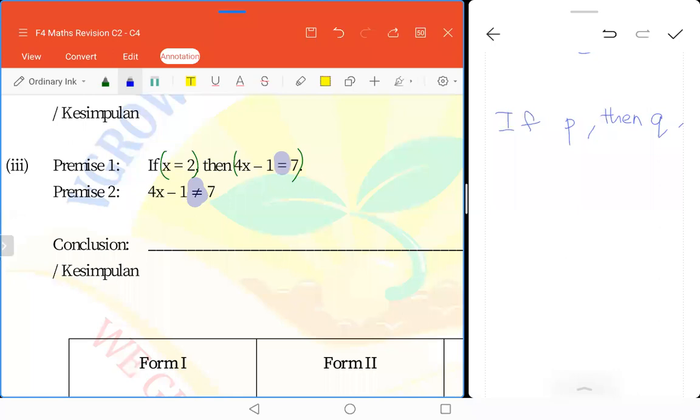Something is different here. Not equal to 7. So when you write back the conclusion, you have to follow also. X is not equal to 2, because this one is repeated already. Just that the not equal sign, you have to follow back. So the conclusion will be x not equal to 2.